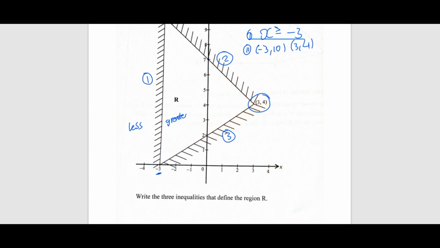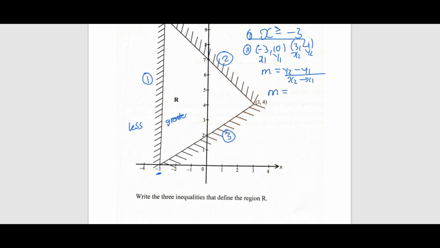So we first need to find the gradient, then from there we'll proceed by finding the equation of the straight line. So here we have x1, x2, y1, y2. So gradient is equal to y2 minus y1 over x2 minus x1.